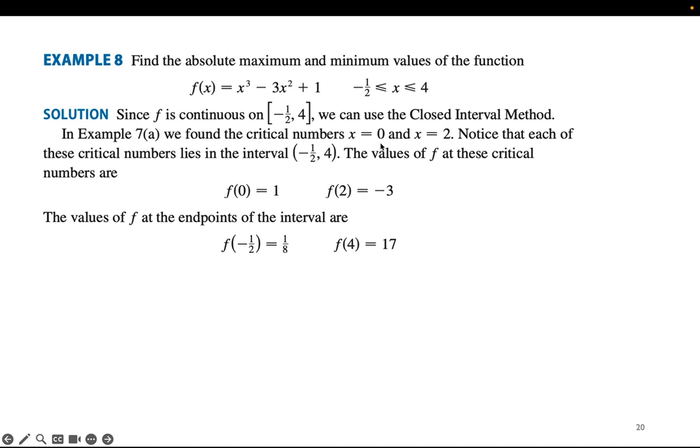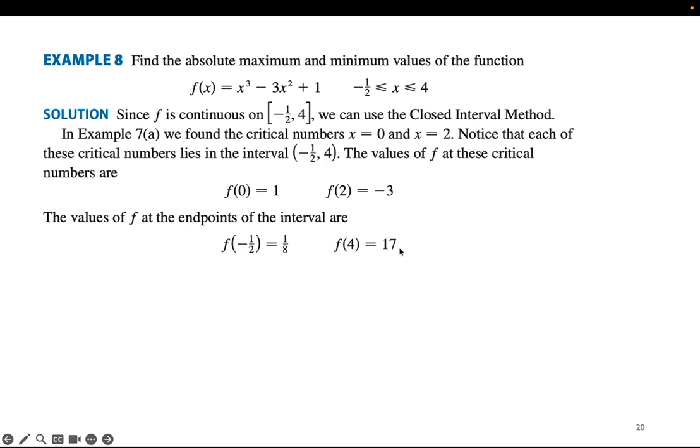So what we do is we plug in the critical numbers and the endpoints into the original function and see what we get. You plug in 0 into the original, you get 1. You plug in 2, again these are critical numbers, these are the middle numbers, you get negative 3. You also check the endpoints. Plug in negative a half, get 1/8.